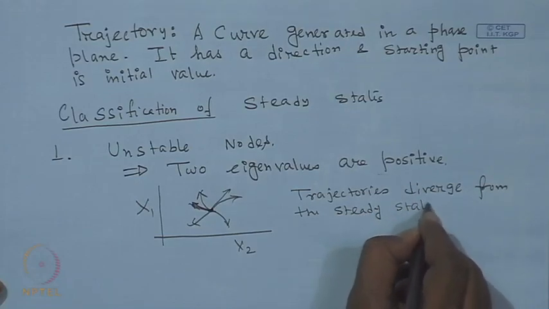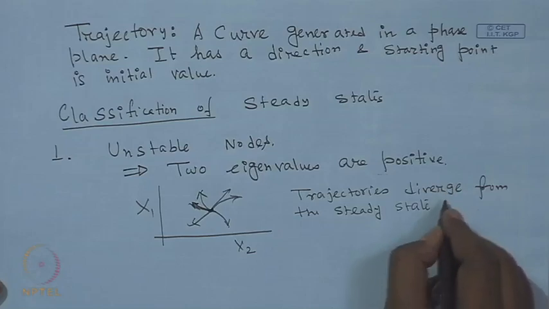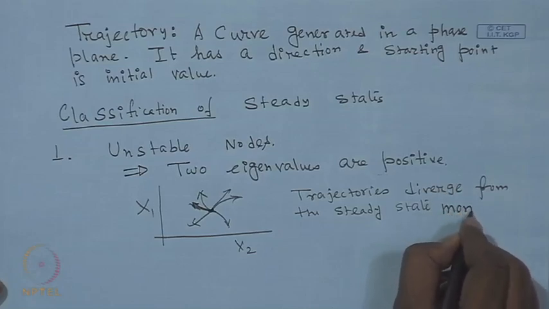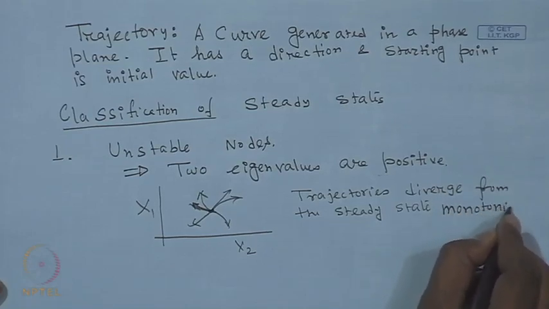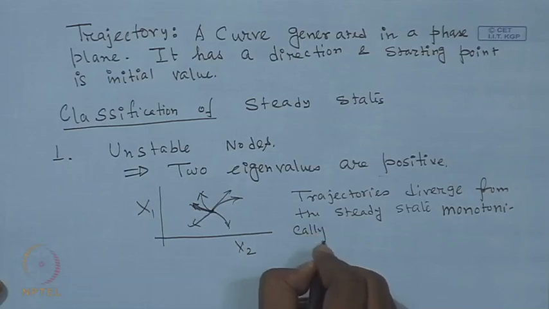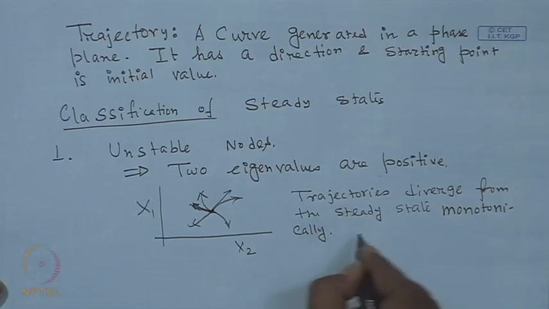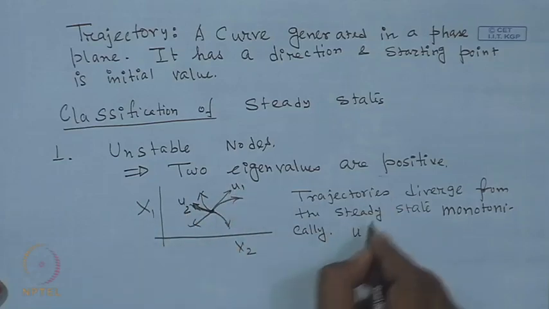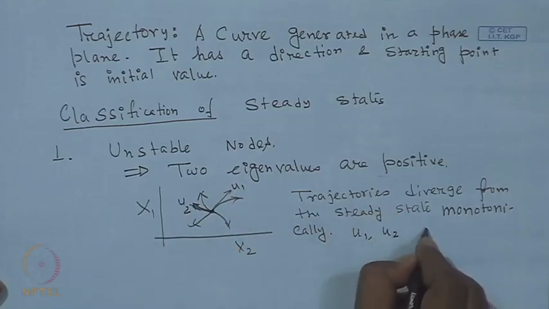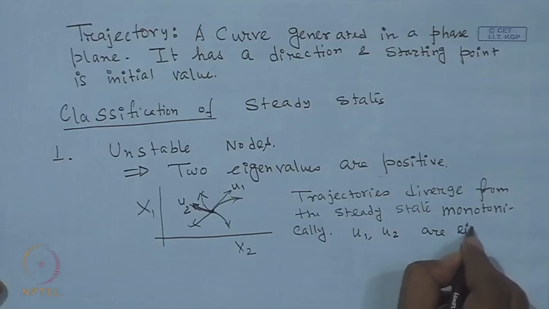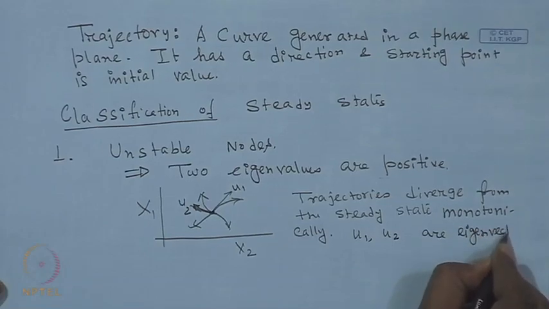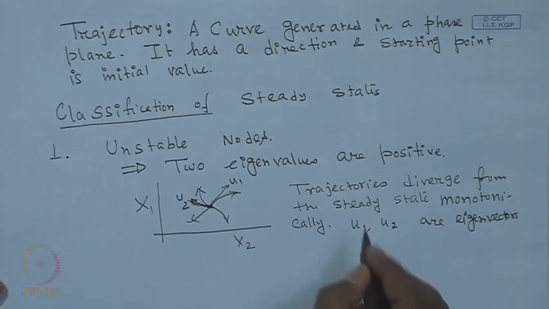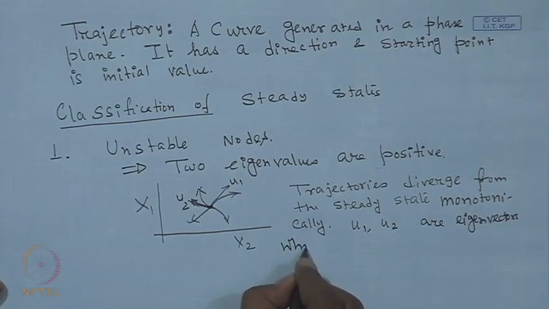That is the feature of an unstable node. u1, u2 are the eigenvectors, which are tangent at the steady state.